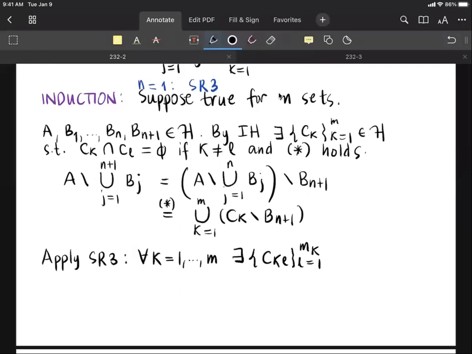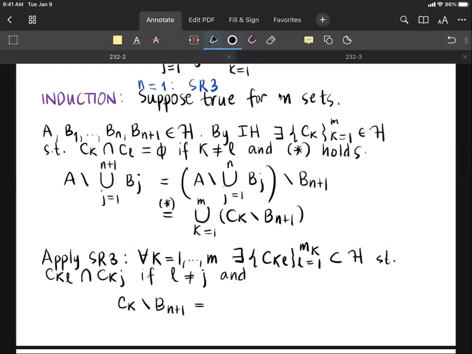So the number of sets involved depends on k, which are elements of the semi-ring H, such that C sub kl intersection C sub kj is empty if l is not equal to j, and C sub k minus B sub n plus 1 would be the union from l equal to 1 up to m sub k of the C sub kl.